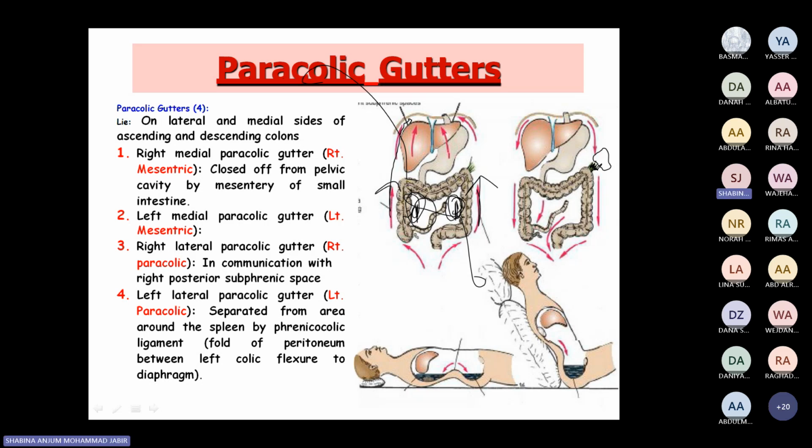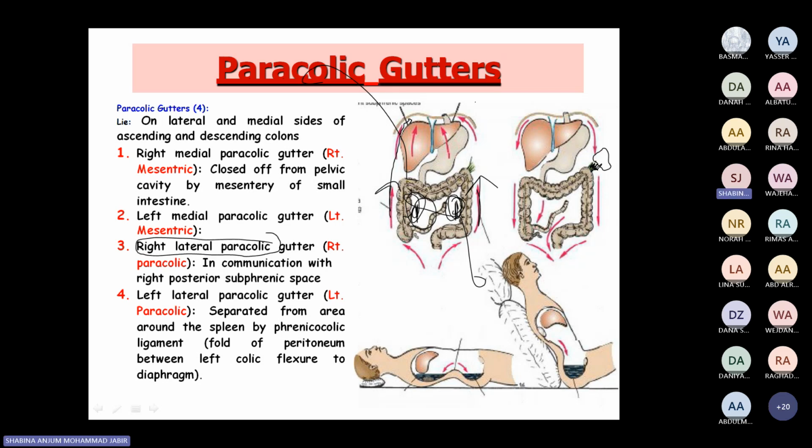So now here you can see which space is more open, or you can say which is more in communication: the right lateral paracolic gutter. Why is it important to know?